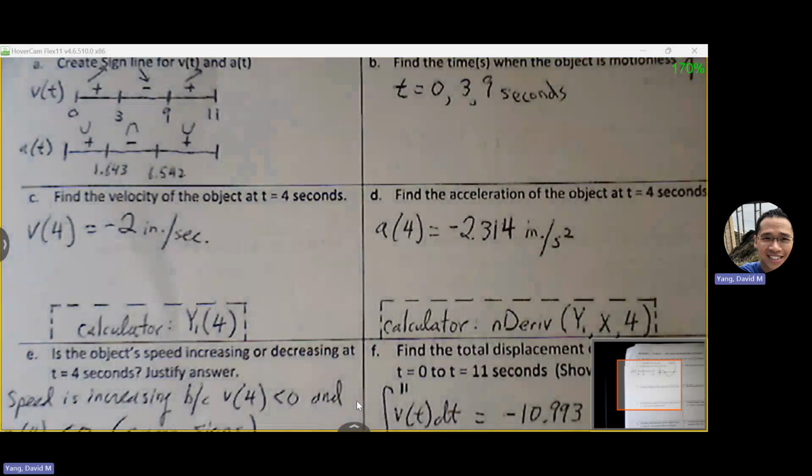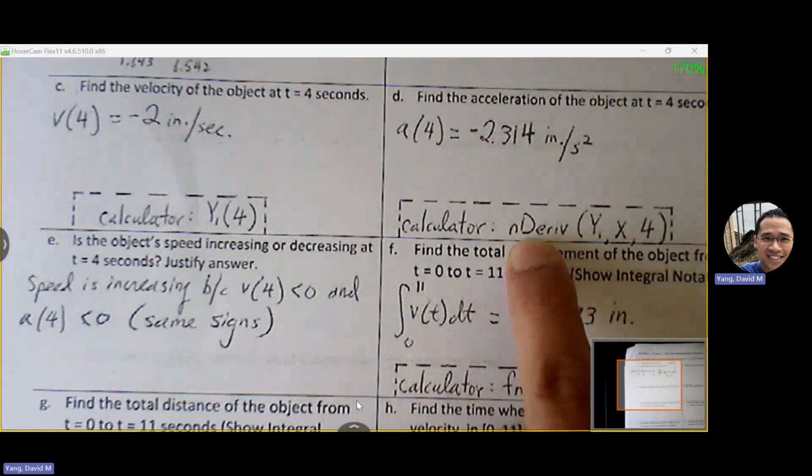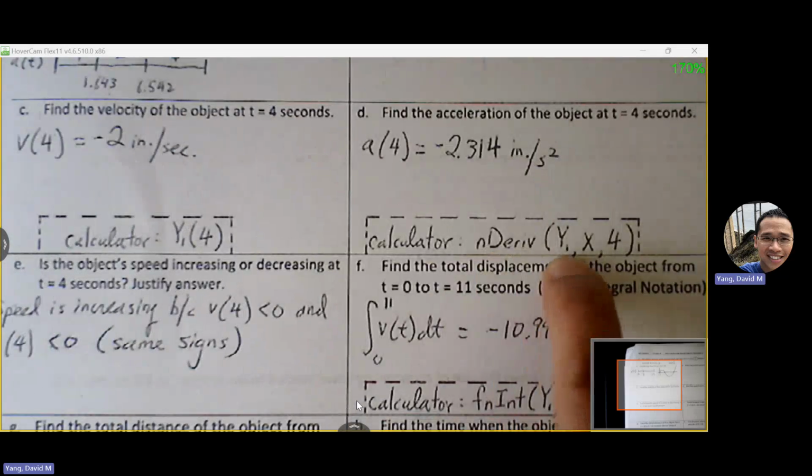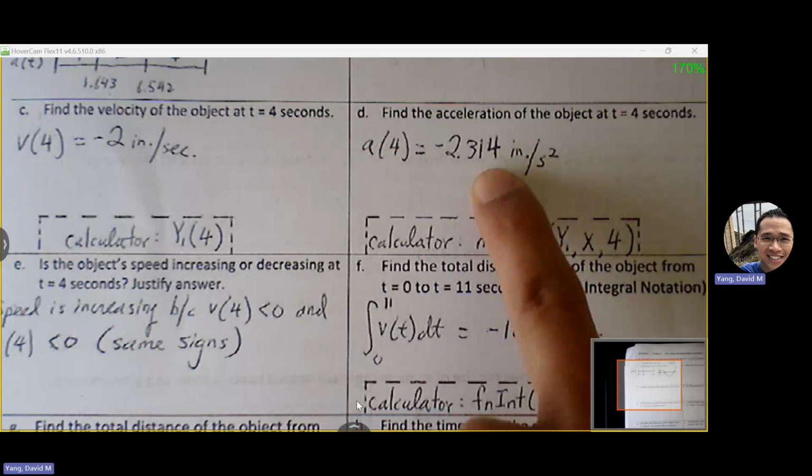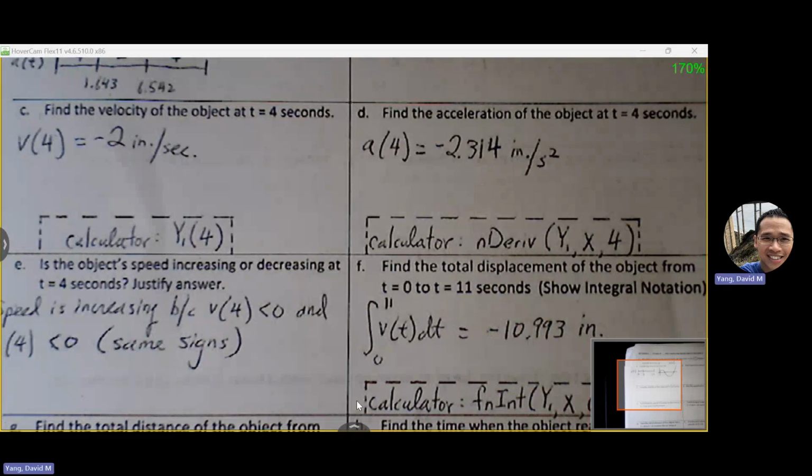If you have an older calculator, if you do math 8, it's going to show you nDeriv. So you're going to type in y1 under vars, y vars, function, and then comma x comma 4, and that will take you to the same number as well. And then to get to this y1, you'll do vars, y vars, function, y1.